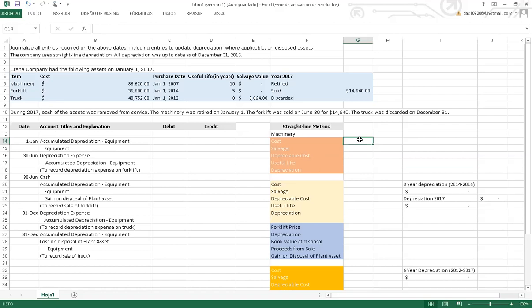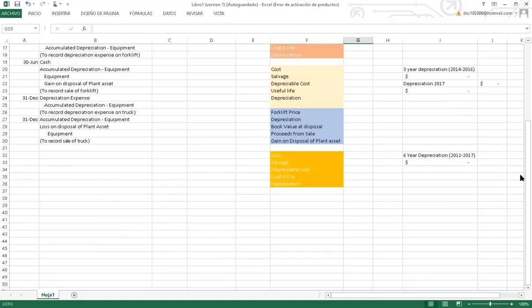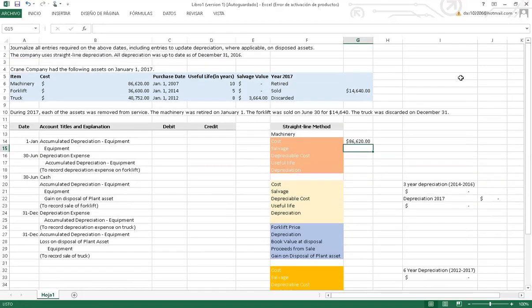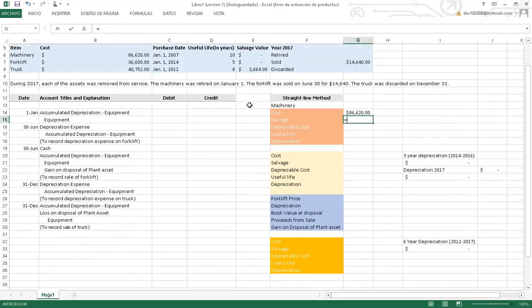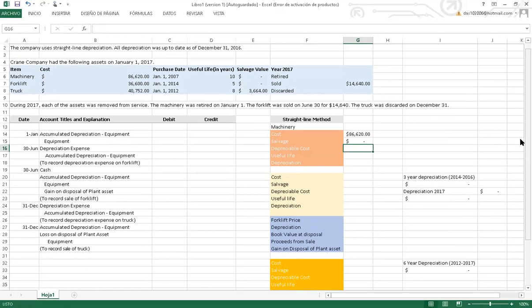So here in machinery, we're gonna write down the cost of $86,620 and we're gonna also calculate the salvage, which in this case is 0, and the depreciable cost. So depreciable cost is the cost of the machinery minus the salvage.